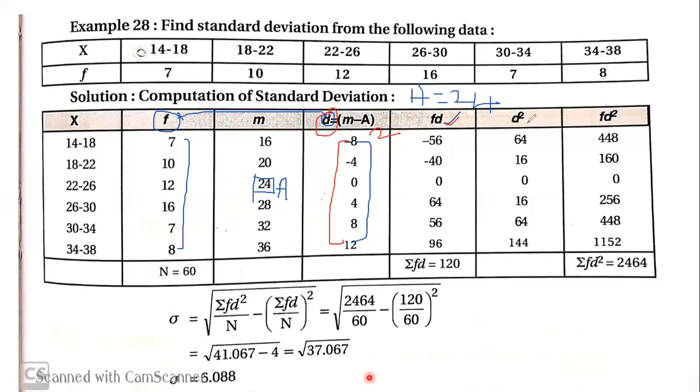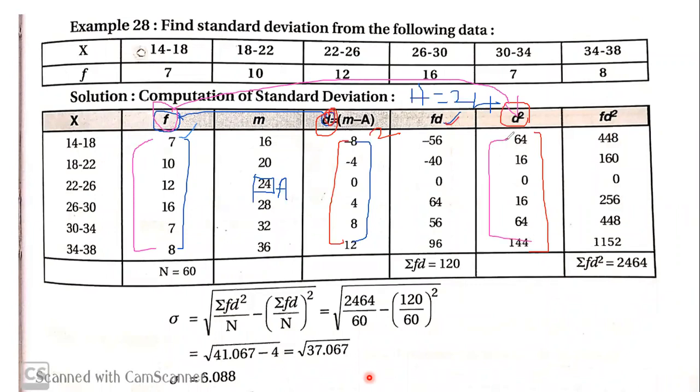So when I square them, I get D square. So this column of D, I am squaring it. So I get all the values of D square. Once I do this, then comes the last step, like the previous problem only, multiplication of frequency into D square. So I'm multiplying frequency into D square.